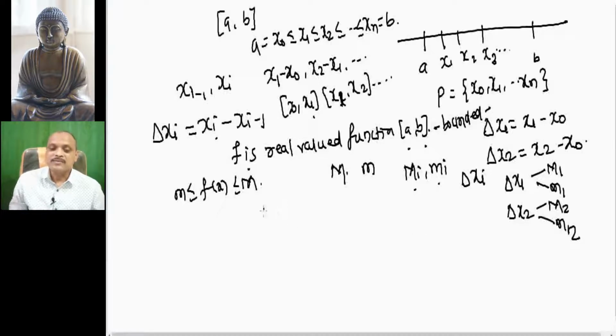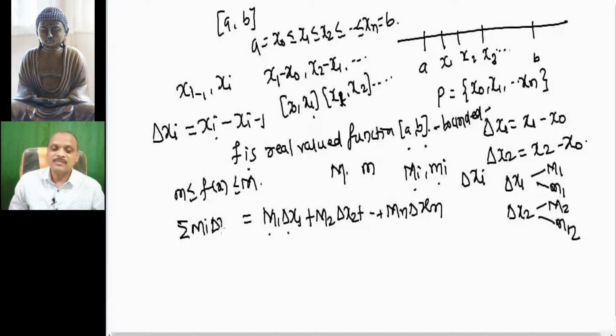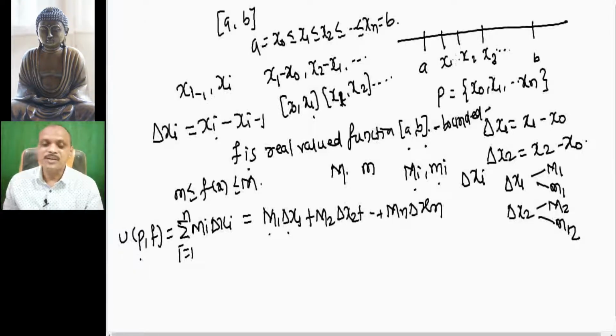Then we form the sum capital M1 into delta x1, that is, the supremum in the interval delta x1 times the length of the interval delta x1, plus capital M2 into delta x2, plus capital Mn into delta xn. In short, we write it as the summation of capital Mi into delta xi, i varies from 1 to n, and we call it the upper sum over the partition P. This is for a particular partition P having the points x0, x1, x2, xn.